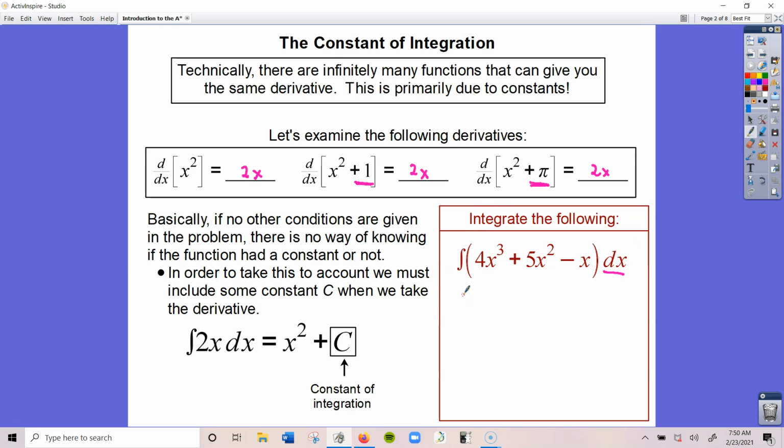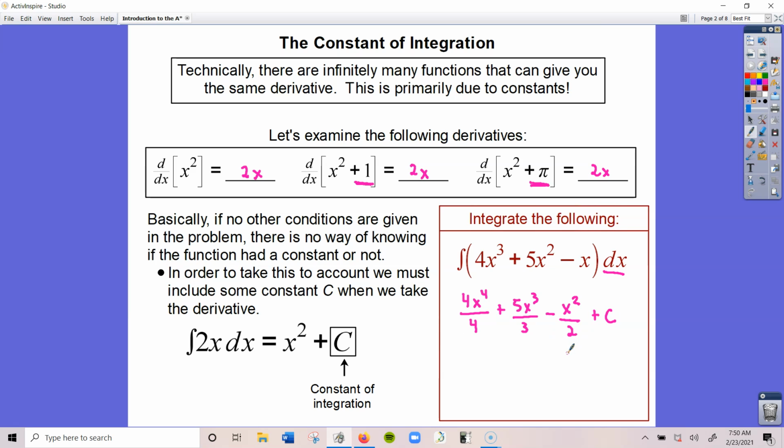So first we have 4x to the fourth, because I have to add 1 to my exponent and then divide by the new exponent, plus 5x to the third, because I'm again adding 1 and then dividing by the new exponent, minus x squared and divide by the new exponent. Then of course the plus c.